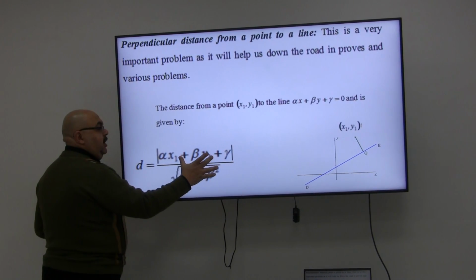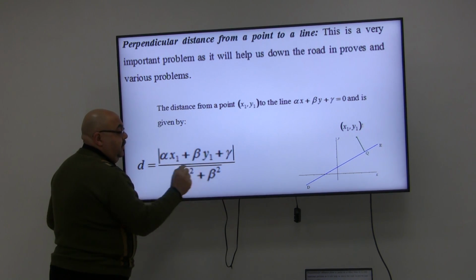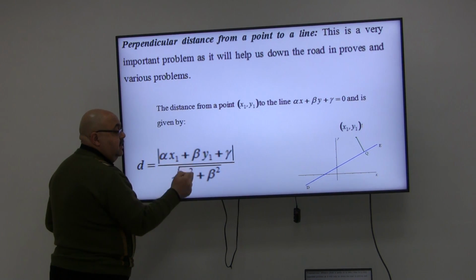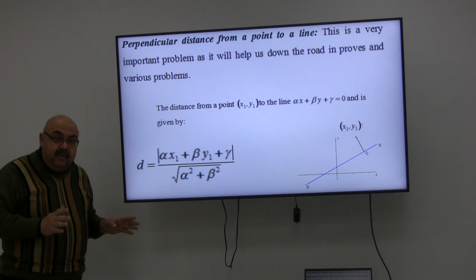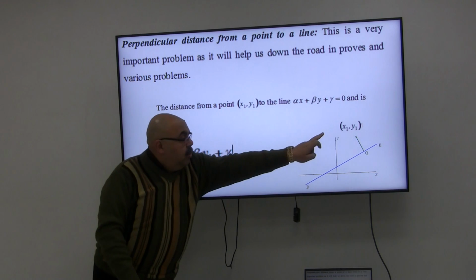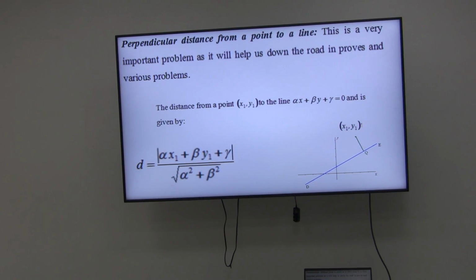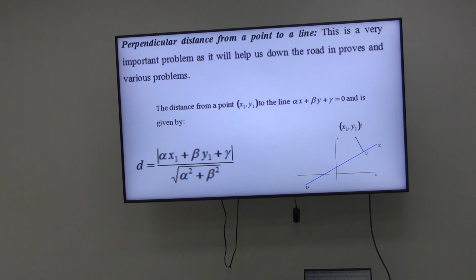Take this equation and put it on the denominator. Then divide by the square root of the sum of the squares of the coefficients in front of x and y. And then replace each x and each y by the coordinates of your point. Then you will have your perpendicular distance from a point to your straight line.